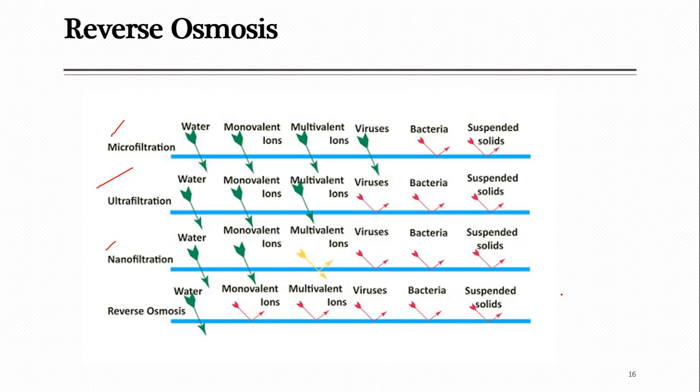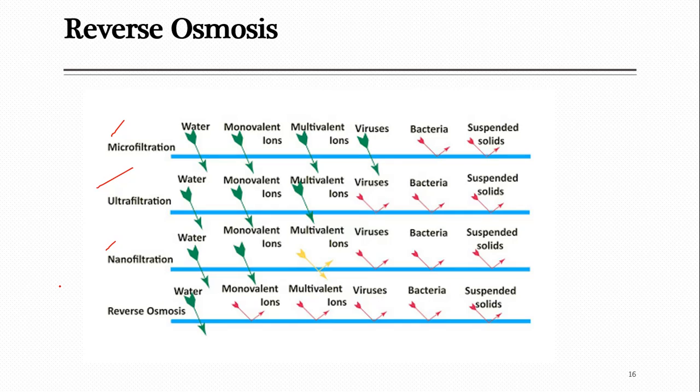These monovalent ions, for example NaCl, KCl, majorly NaCl, as I told you yesterday, are the major constituent of seawater. And this reverse osmosis is mainly used for desalination plants. It can be used for various other water treatment plants, but mainly for desalination plants, due to these monovalent ions.